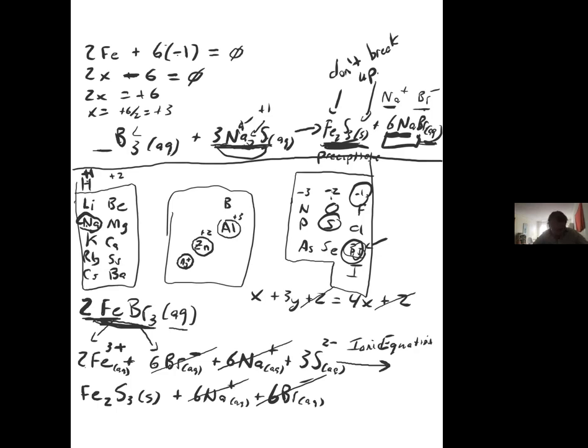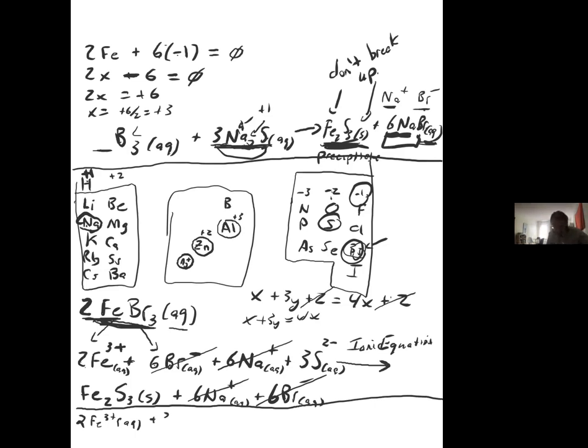So what does that leave with you? Just like in algebra, I would just say now this is x plus 3y equals 4x. Same thing here. I'm going to write a line under here just so that we know this is our new equation. This one's going to be shorter because we've canceled things. So now you're going to have 2Fe3+ aqueous. Notice I'm putting the states of matter in again.